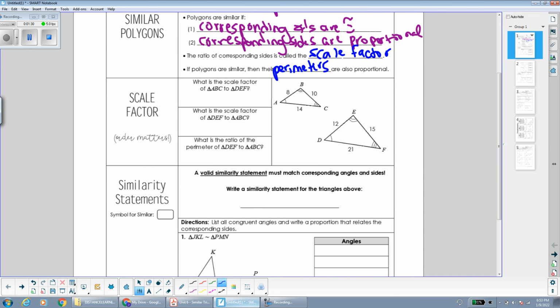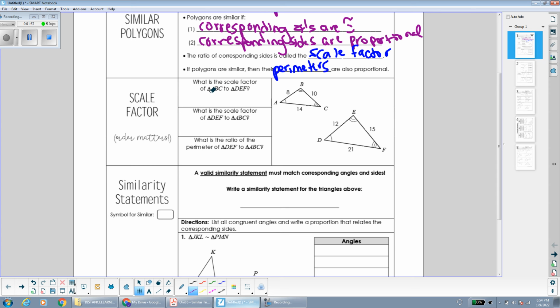So it says here, what is the scale factor of triangle ABC to triangle DEF? So just remember, to find the scale factor, we take a side from the big triangle and divide it by a side from the small triangle. But here in the first one, it is saying of triangle ABC to triangle DEF. Triangle ABC does happen to be the smaller one here.